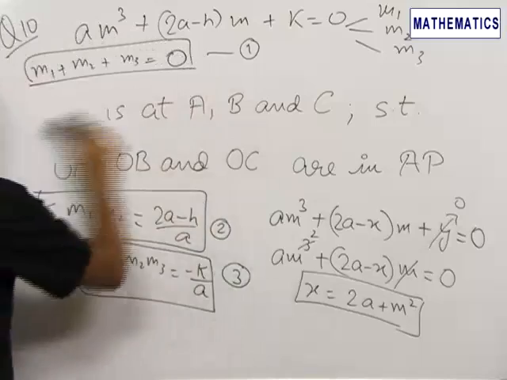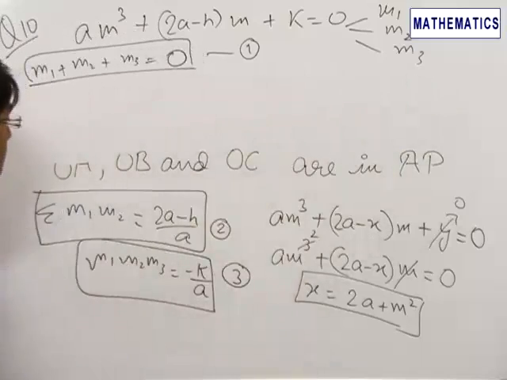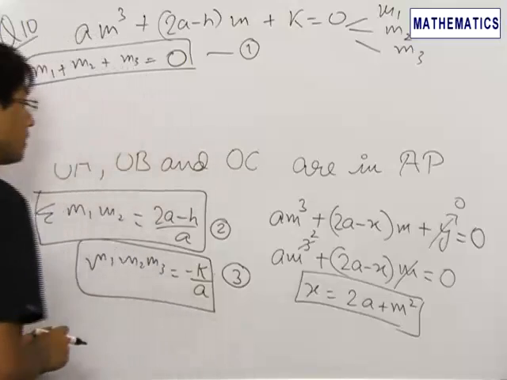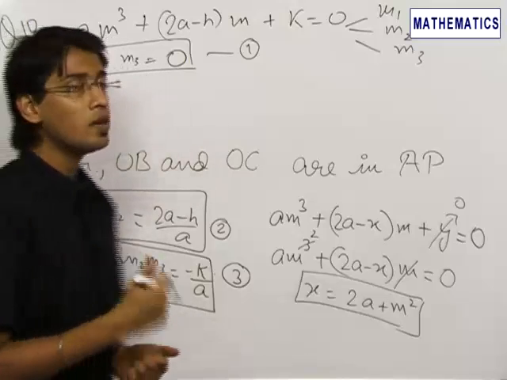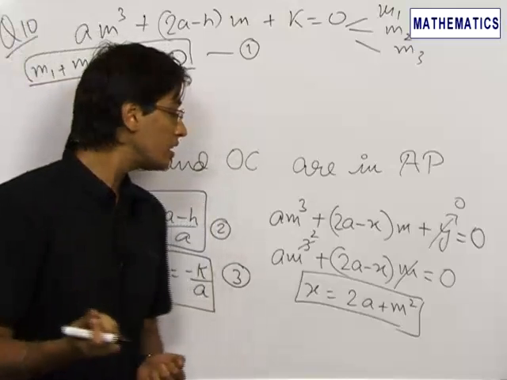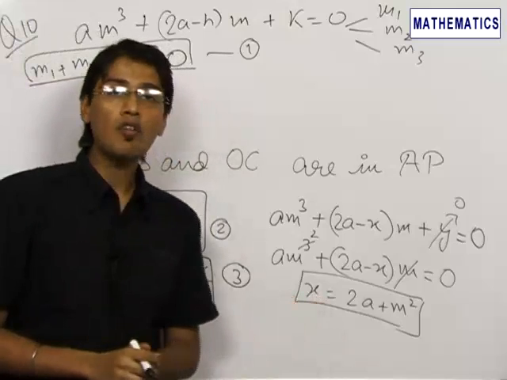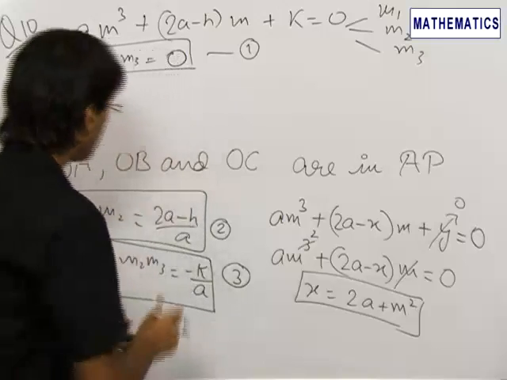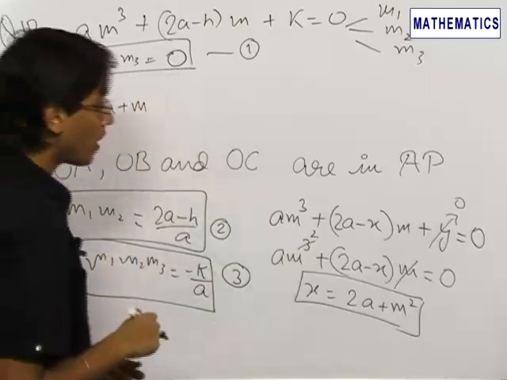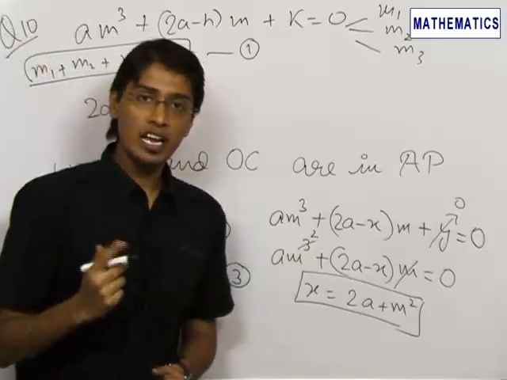Now we go on to the next information, which is OA, OB and OC are in AP. Since A, B and C are lying on the x axis, these are the lengths of the x coordinates of the points A, B and C. Hence 2a plus m1 square, 2a plus m2 square and 2a plus m3 square are in AP.